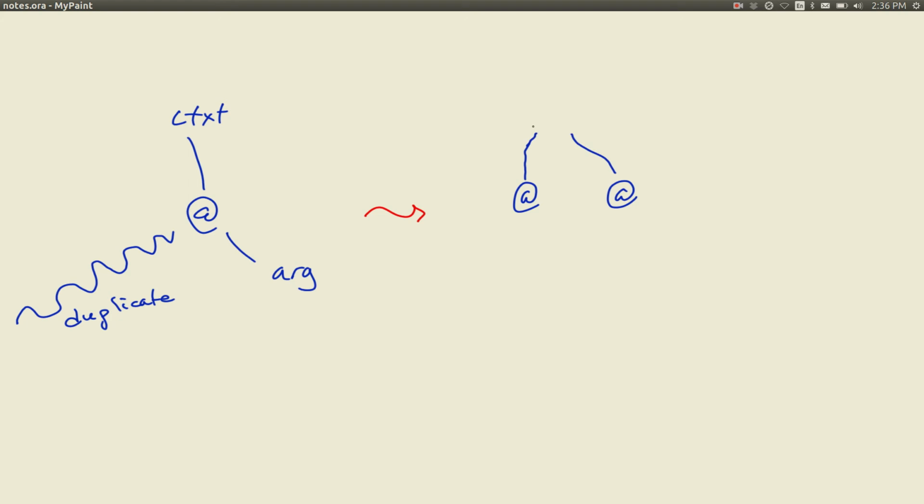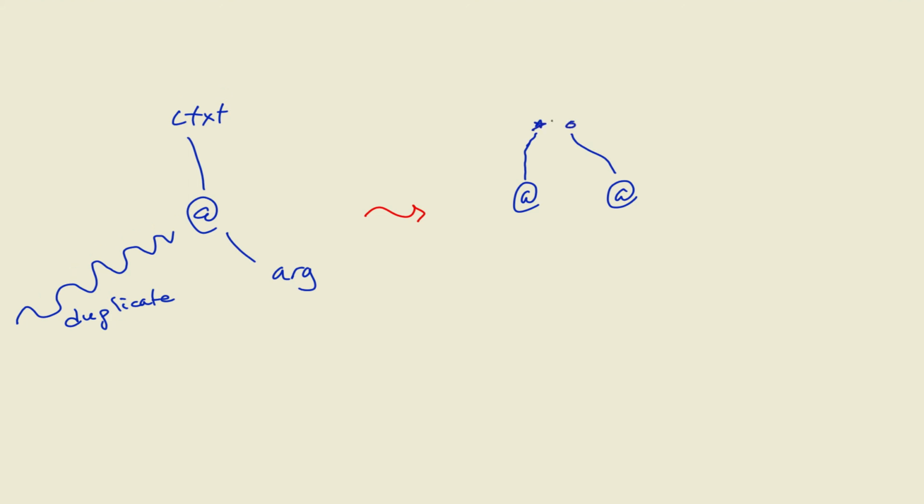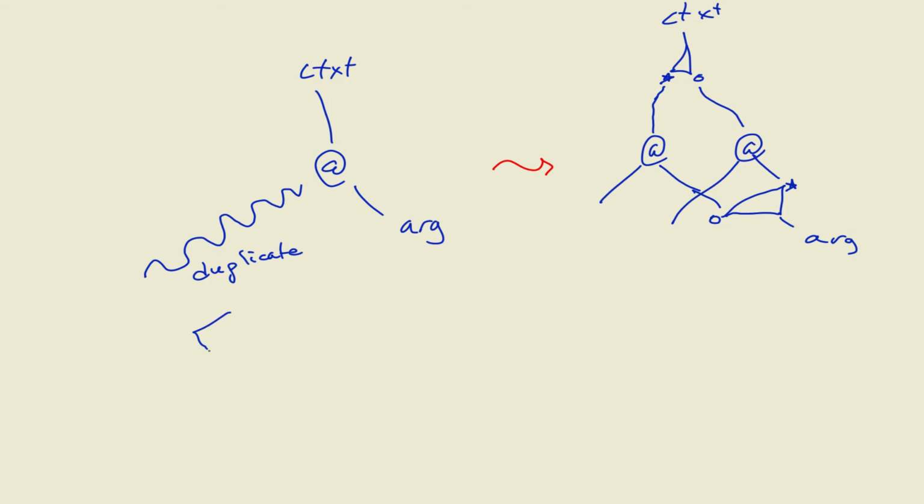So I guess I'll have to break down how I'm writing these. We've done the duplication here, but we also have to push the duplication wave towards the argument. I'm drawing these circles still. The argument is here, the context is here, and then the duplication wave looked like something here.